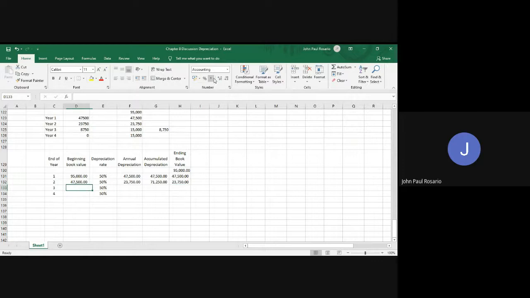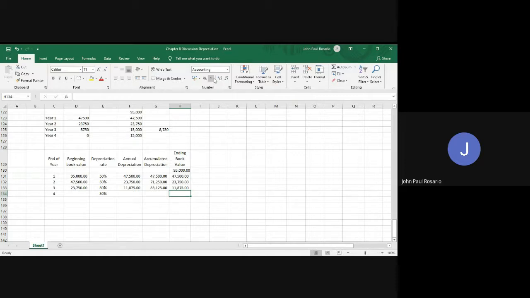Okay. So again, beginning book value. And then we already know that on the third year, we cannot do this because it will entail that our accumulated depreciation will be 83,125 and our ending book value will only be 11,875, which is lower than our salvage value.